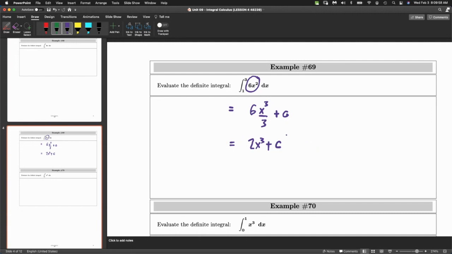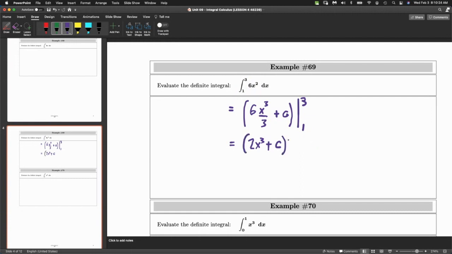So the process so far has been really just finding the antiderivative. Now we're going to deal with these limits. The way that you deal with the limits is you take the quantity here, which is the antiderivative, and you draw a line here, and then you put 1 and 3. So this line here is an operator in math. You can think of it as an evaluation. By evaluation, I mean plugging in numbers.